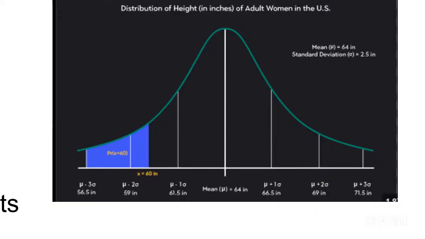What is the p-value? The probability that your results happen by chance. If the p-value is less than alpha, the result is statistically significant. That is, you reject the null hypothesis. Here our null hypothesis is mu equal to 64.